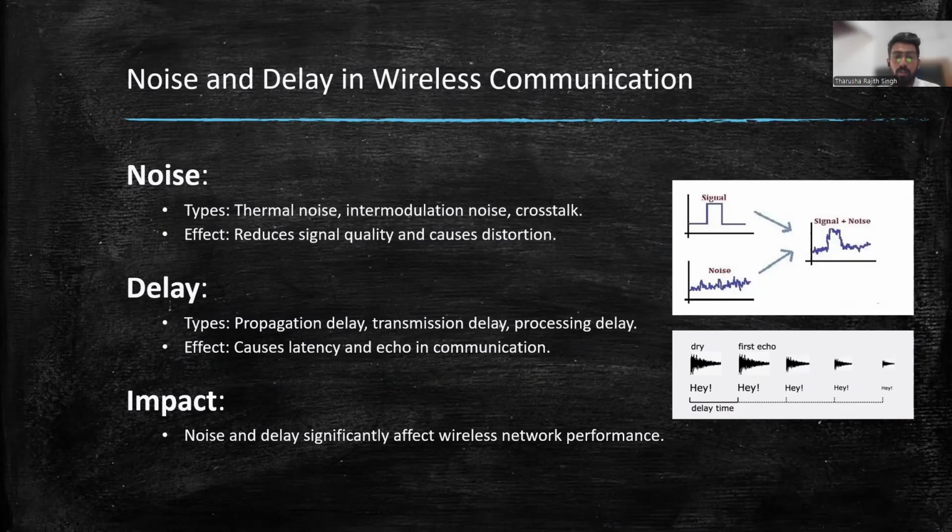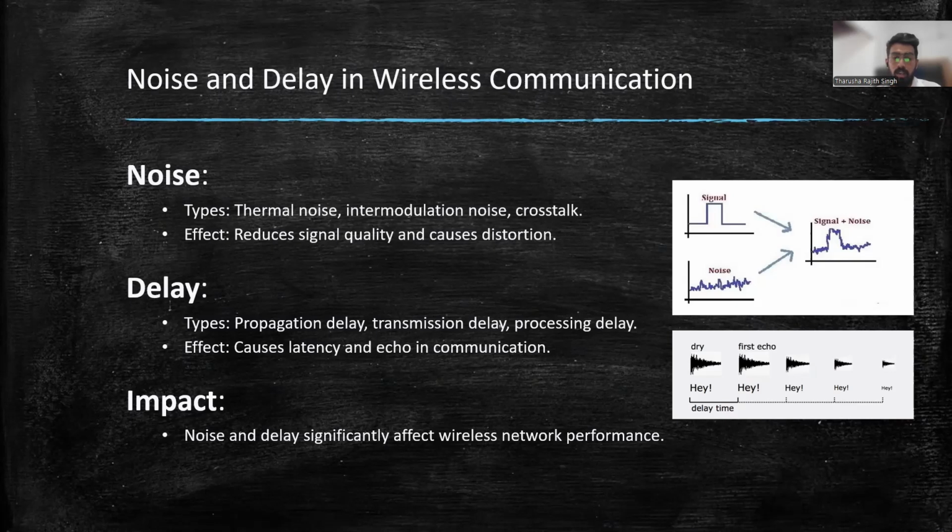Thermal noise is caused by the random movement of electrons in a conductor. It is present in all electronic devices and increases with temperature. Intermodulation noise occurs when multiple signals interact and produce new frequencies, leading to interference.